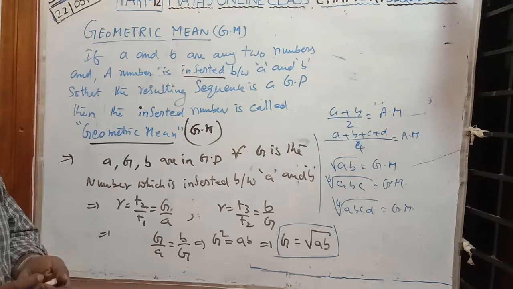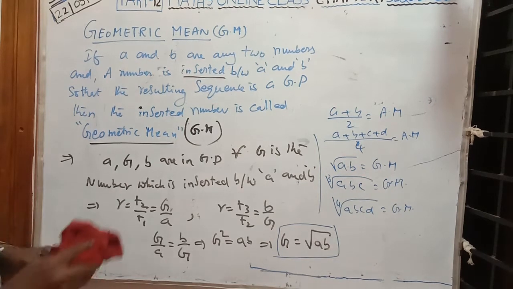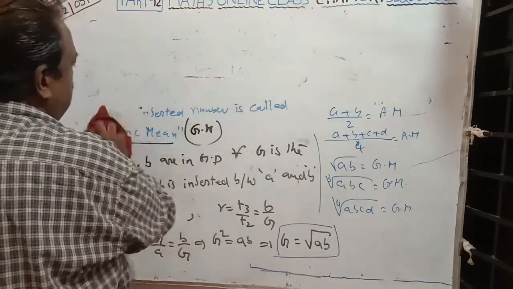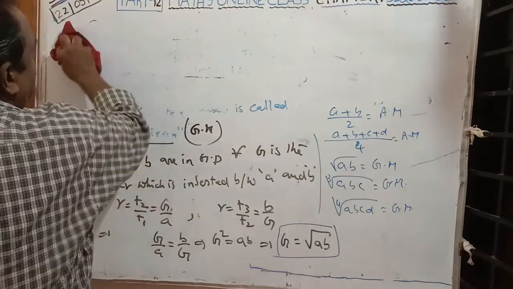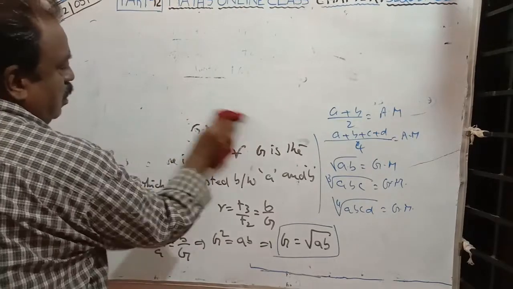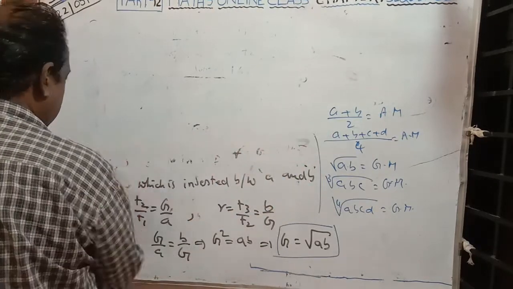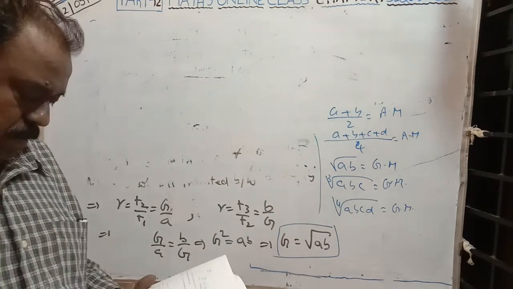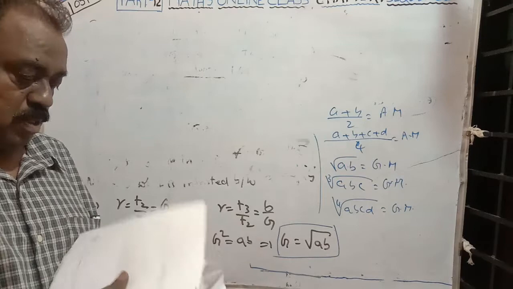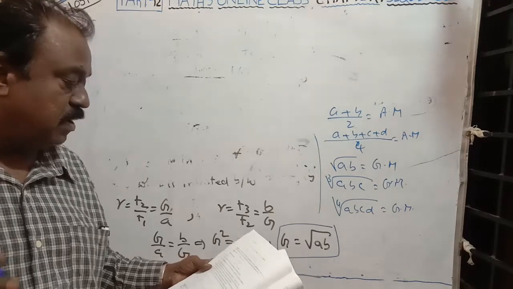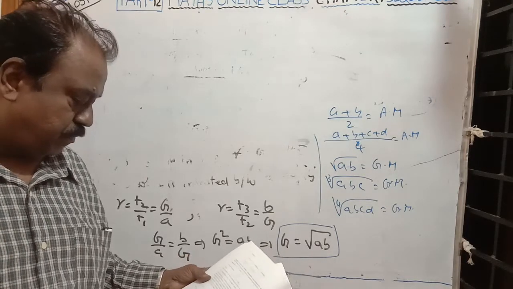I want to give an example also. I will give that example. Just wait. Insert 3 numbers, that is the 17th example, page 190.